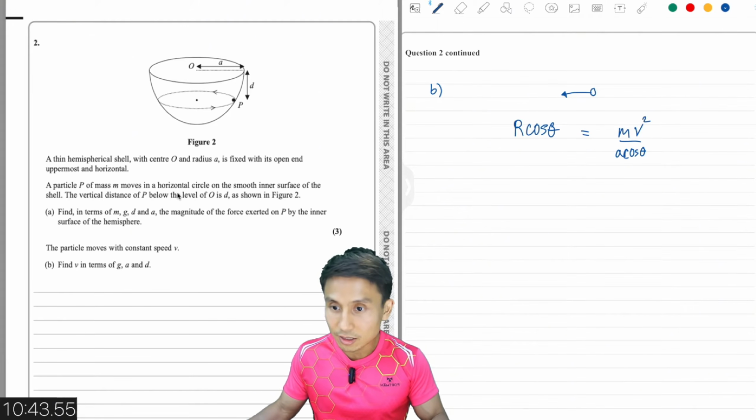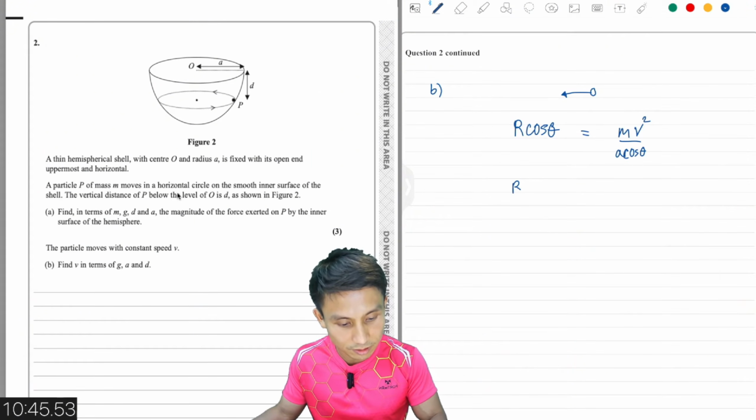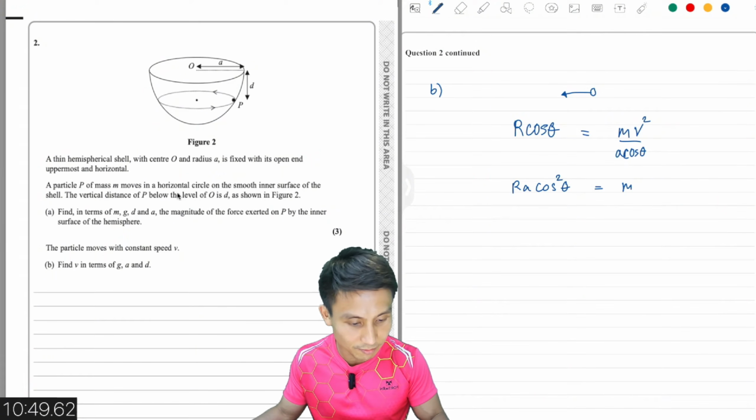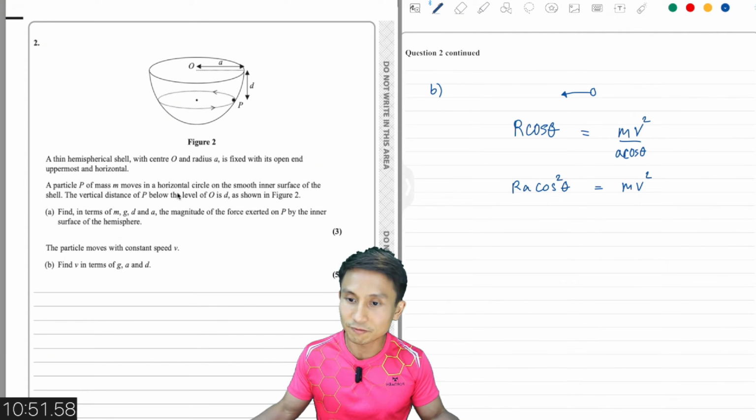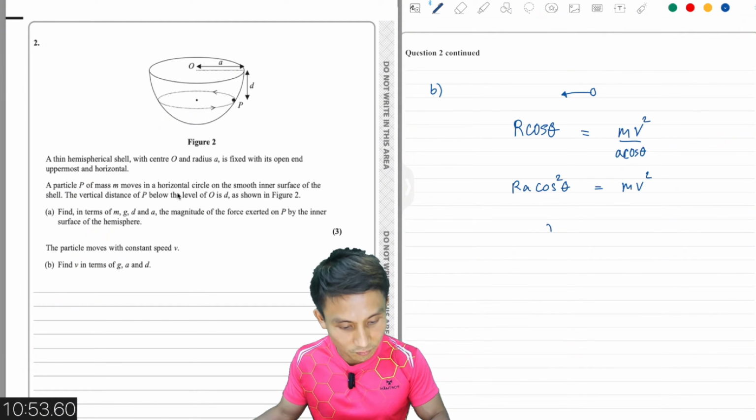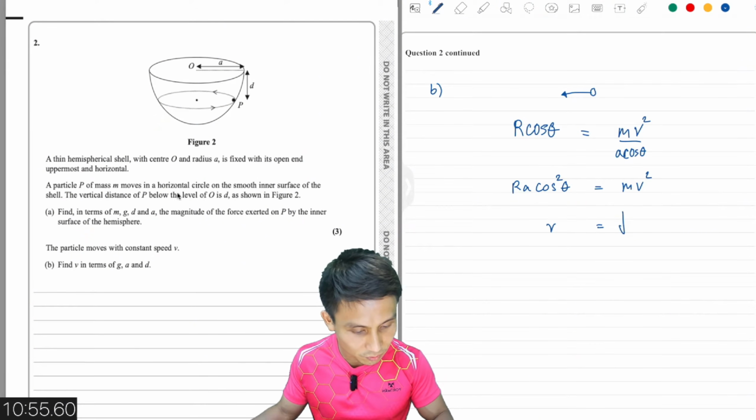So we got R, and then a cos squared theta equals mv squared. We want to find v in terms of g, a, and d. So v is just the square root of R a cos squared theta divided by m.